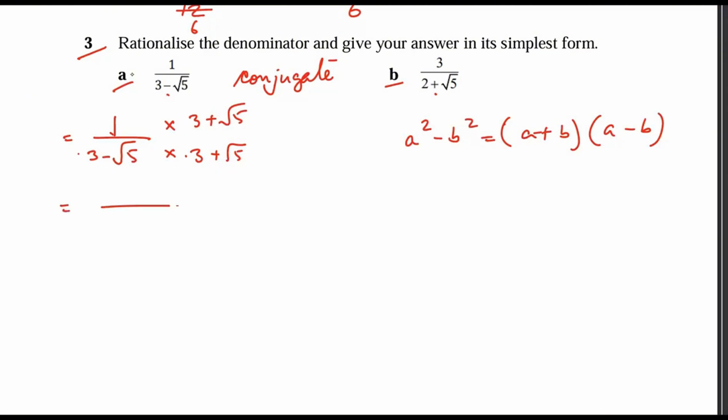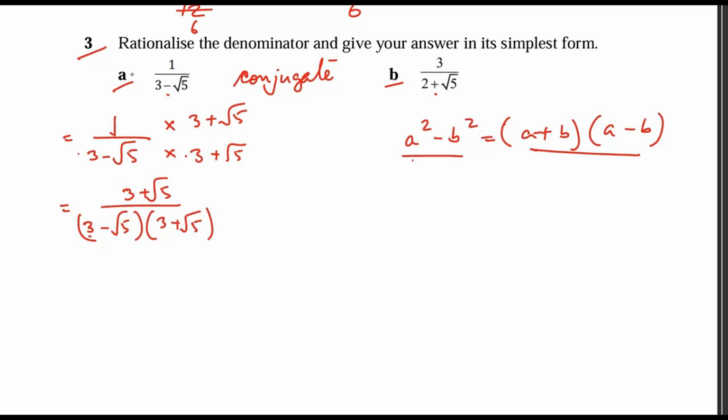So let's first tidy up the numerator. 3 plus root 5. And then this gives us 3 minus root 5 times 3 plus root 5. Okay, this is the same as a plus b times a minus b, and the result is a square minus b square.